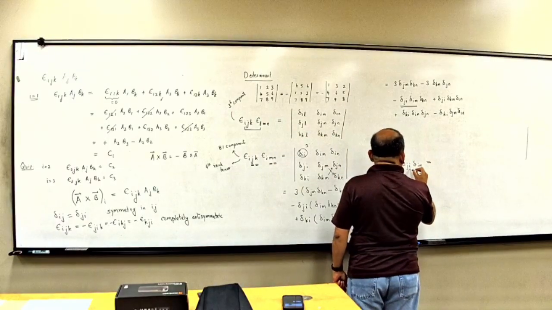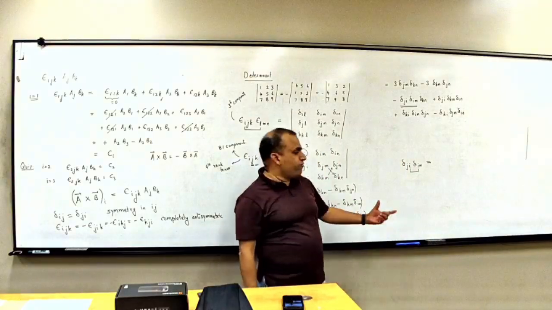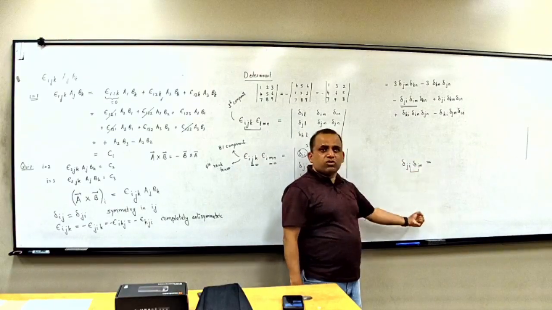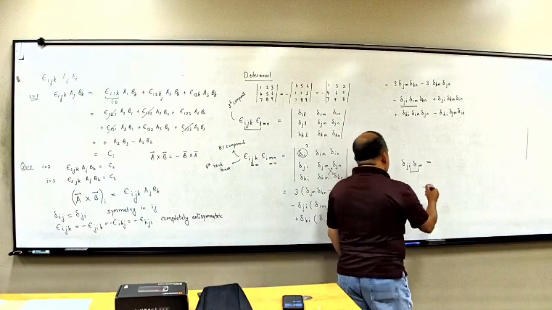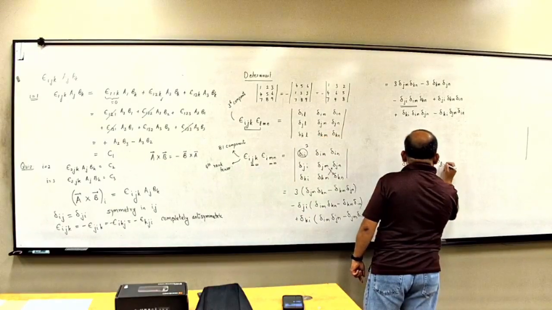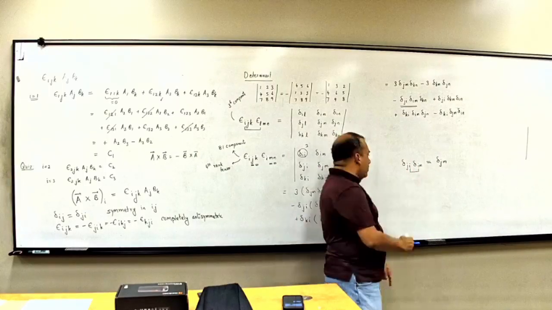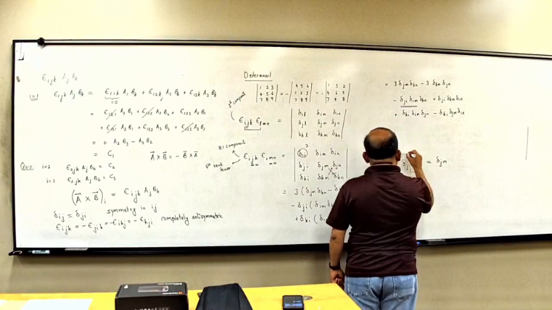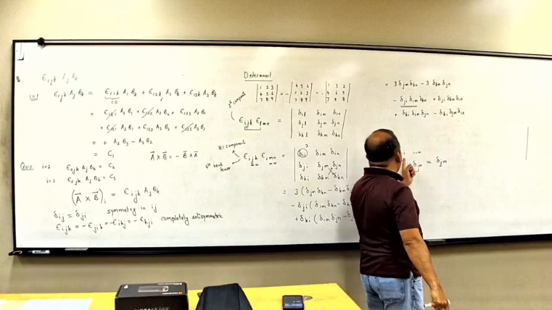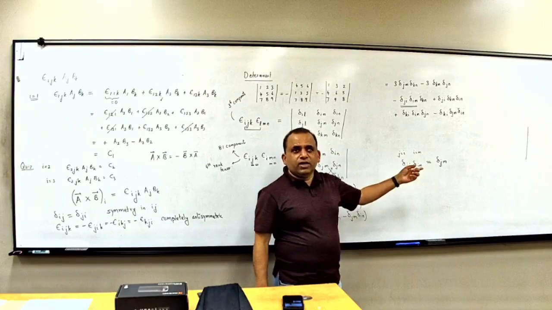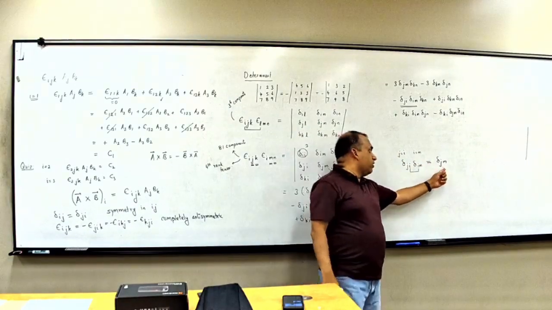Whenever there is a delta, and anything that comes with a delta, whenever you contract it, you can swallow that index out and rewrite whatever is remaining. So that's delta Jm. Because this survives only when J is equal to I. This survives only when I is equal to m. Together they will survive only when J is equal to m. And there are only 2 free indices, J and m. So this will survive only when J is equal to m.